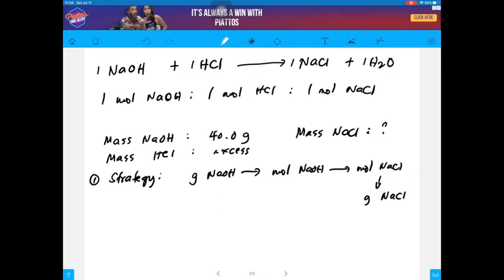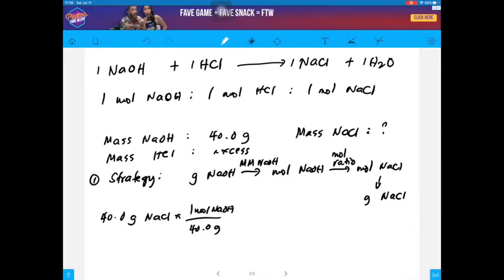How do we do the first step? We can do it using the molar mass of sodium hydroxide. The second one is the mole ratio from your chemical reaction or from your balanced equation. So it is necessary to have a balanced equation in order to solve stoichiometric problems. The solution would look like this. So this one is your molar mass. Cancel out the unit and you will get moles.